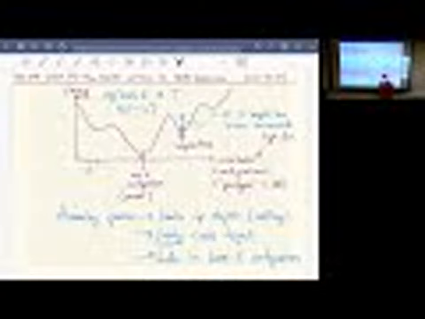It's in the Journal of Chemical Physics, and the article was called Equations of State Calculations by Fast Computing Machines.